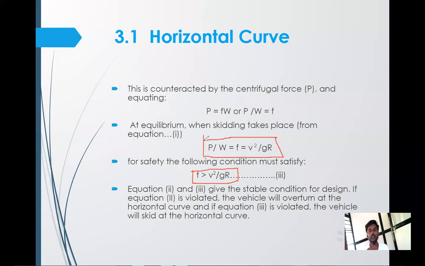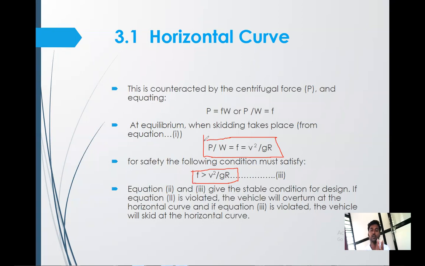So to avoid the skidding of the vehicle, we should ensure that f, the coefficient of lateral skid, should be greater than V square upon gR, that is, the centrifugal ratio. That condition should be satisfied for avoiding the lateral skid.